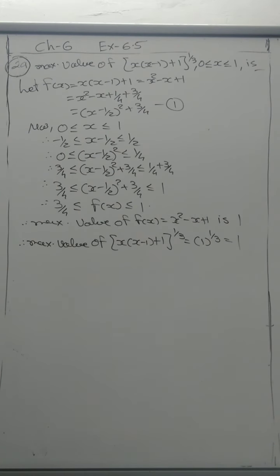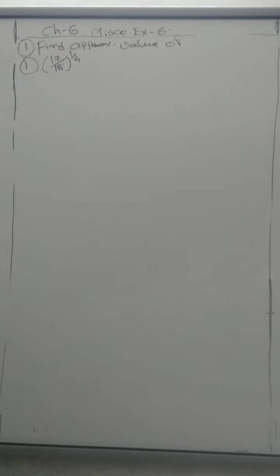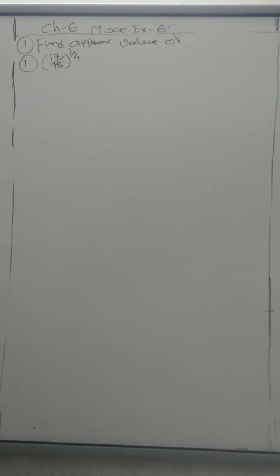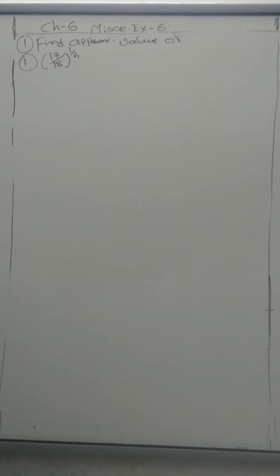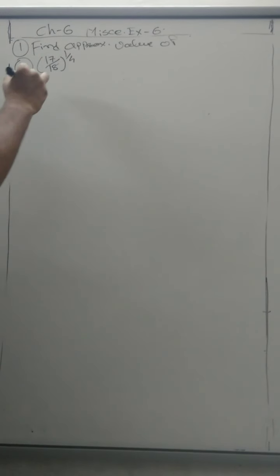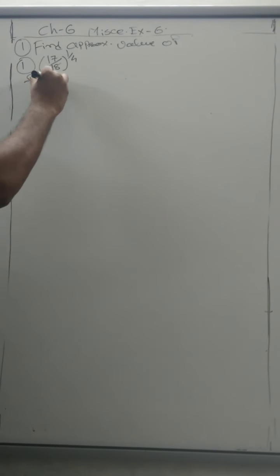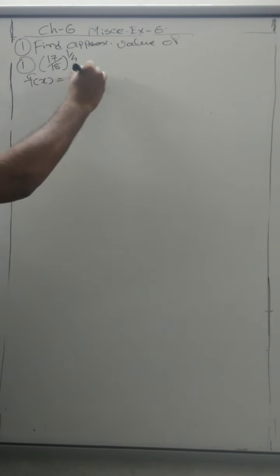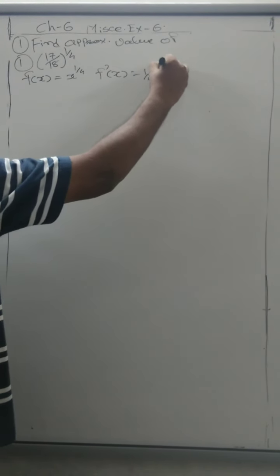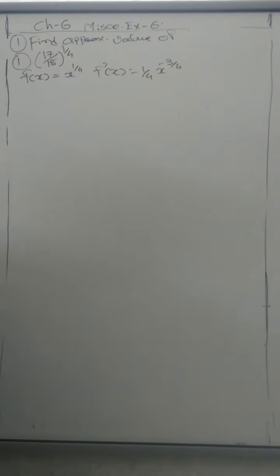Now we go through miscellaneous exercise 6. First sum: find the approximate value of (17/81)^(1/4). So f(x) = x^(1/4), f'(x) = (1/4)x^(-3/4).